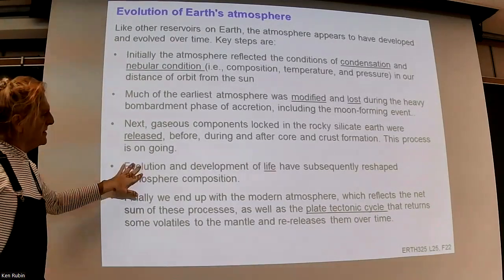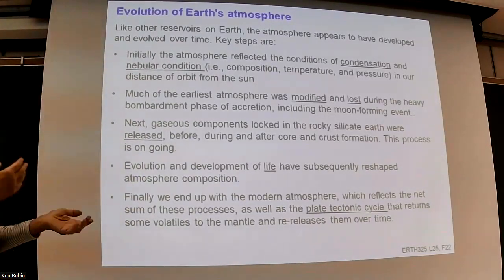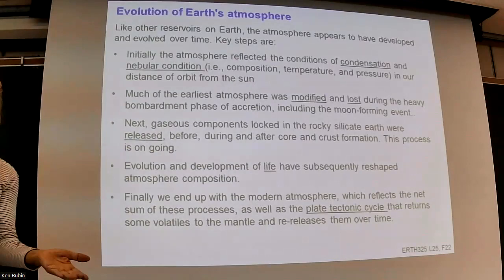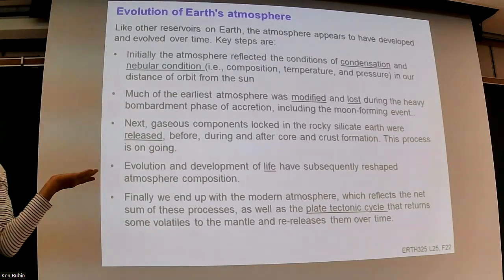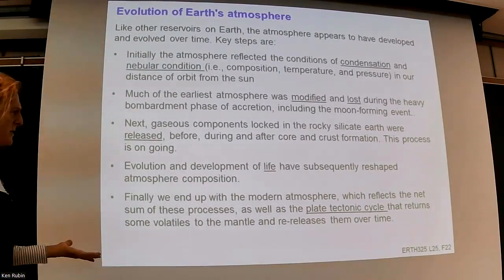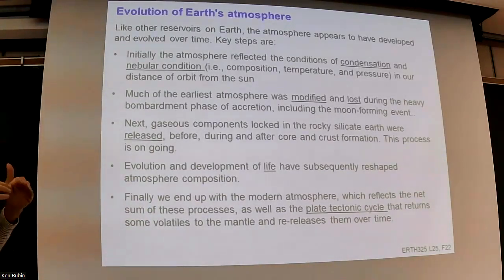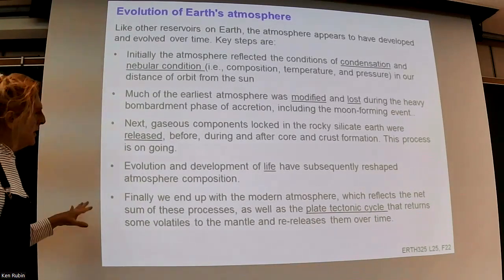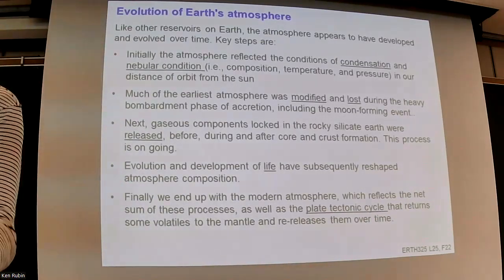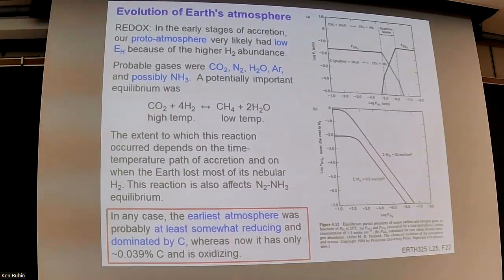And then, as I've mentioned now several times, the evolution of life has changed not only whether we have oxygen, but the oxidation state of everything else, right? How oxidized or reduced is the carbon and the nitrogen in the presence of different proportions of oxygen and hydrogen. And so all of these things are part of the estimate.